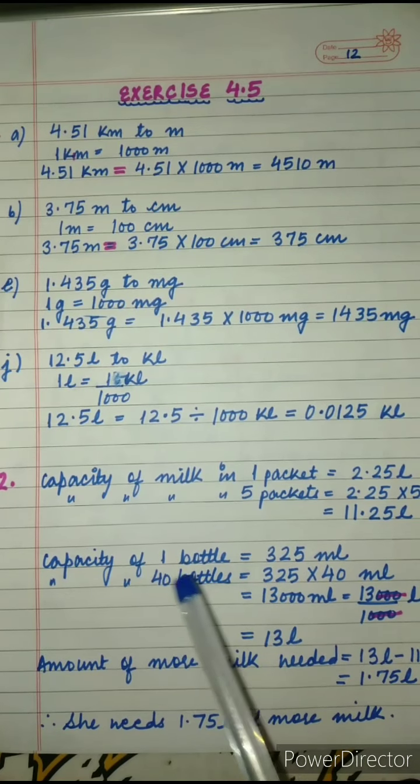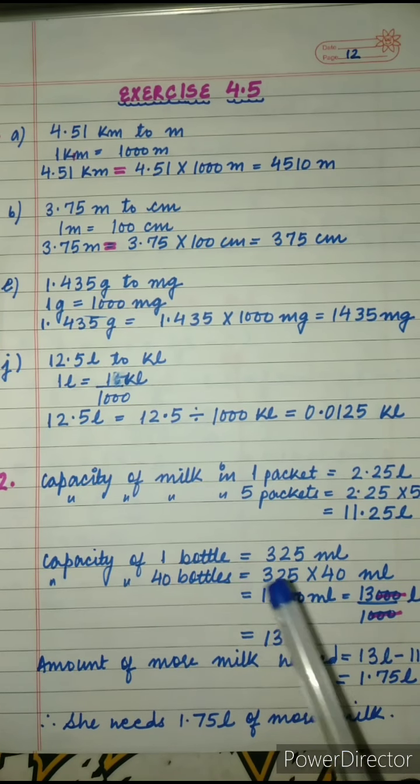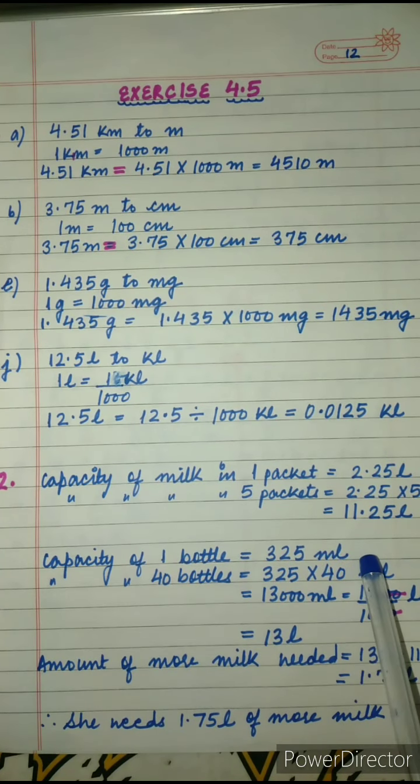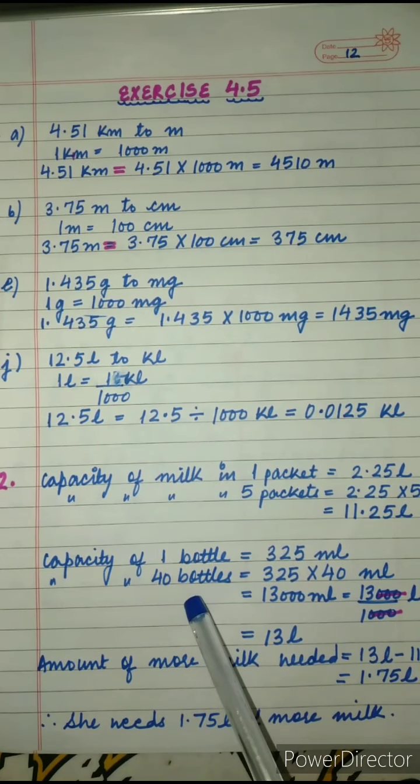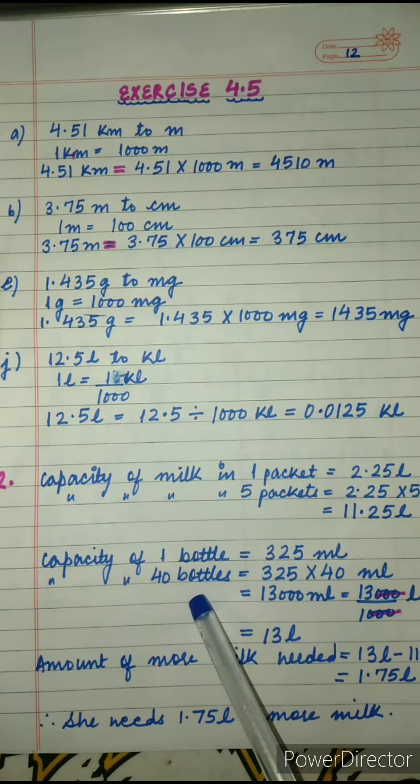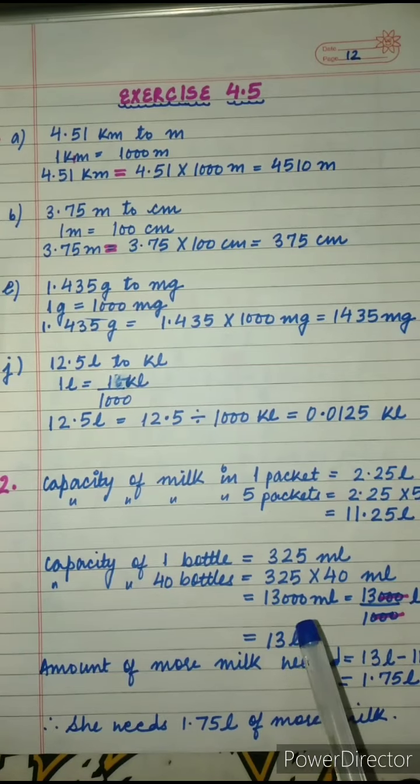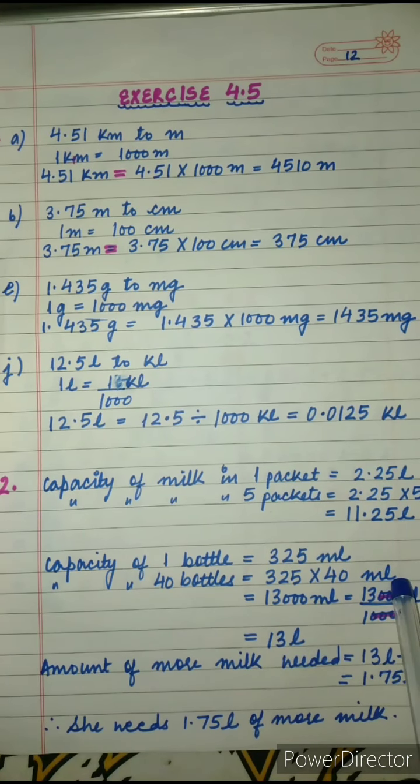We are also given the capacity of one bottle is 325 milliliters, and we have to fill 40 bottles. That means how many milliliters of milk will be needed? We will need 325 into 40 milliliters, that is 13,000 milliliters.